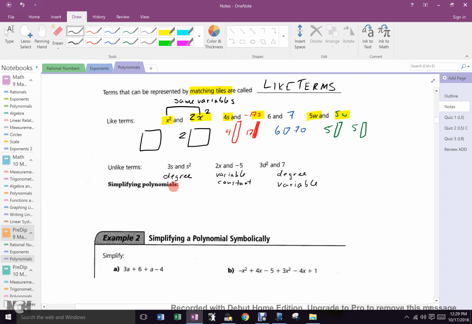So, simplifying polynomials is done by combining like terms.